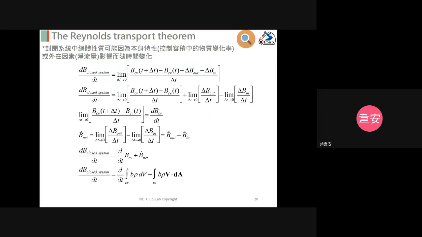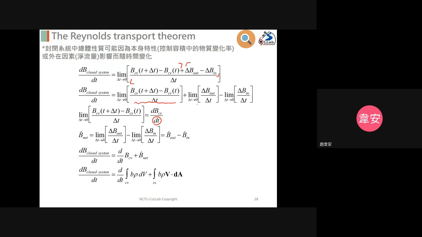So the total extensive property change in the closed system with time can be divided into two parts. This is the first one, and this is the second one. The first one focuses only on the extensive property changes in the control volume CV at different time points.